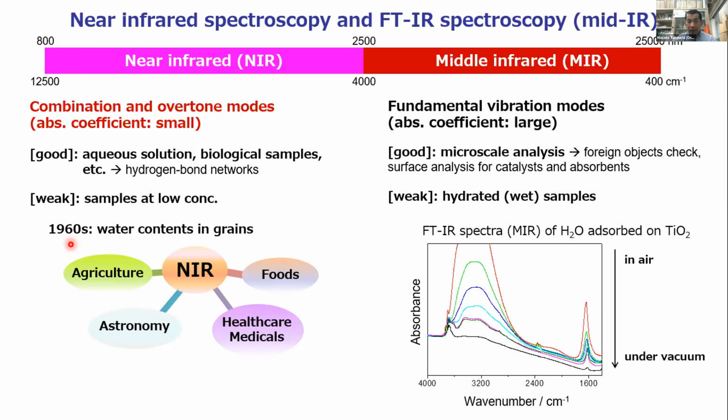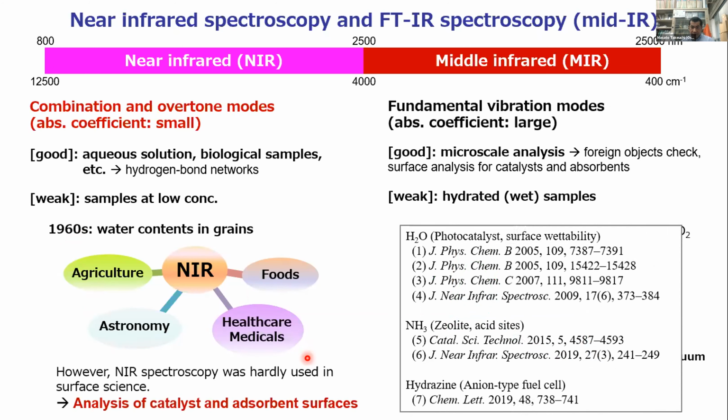Since then, NIR spectroscopy has been widely applied in many research fields: agriculture, astronomy, food chemistry, medical science, and so on. But not so many in the surface science field, especially in the catalysis field. So we have reported some results on water, ammonia, and hydrogen adsorbed on various catalyst surfaces.